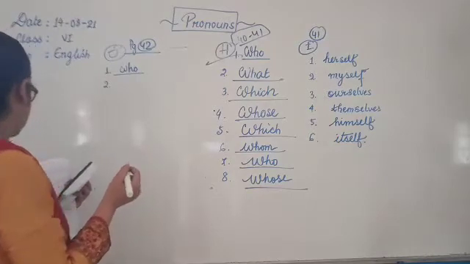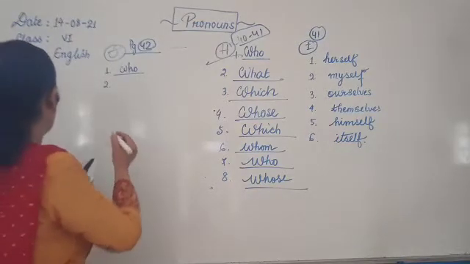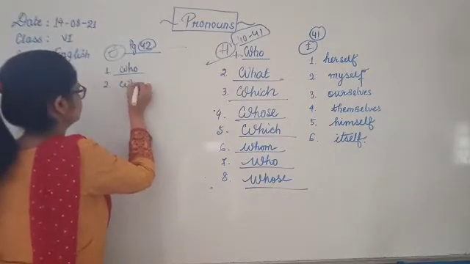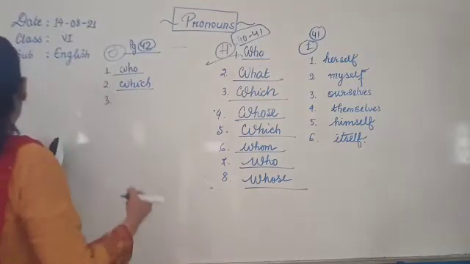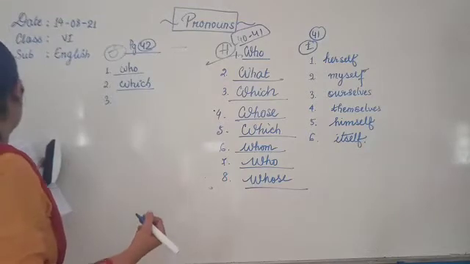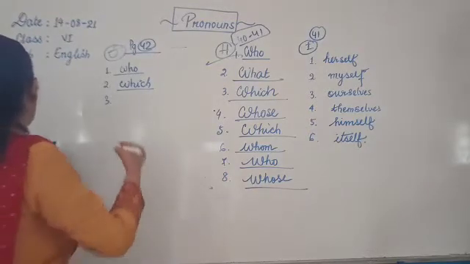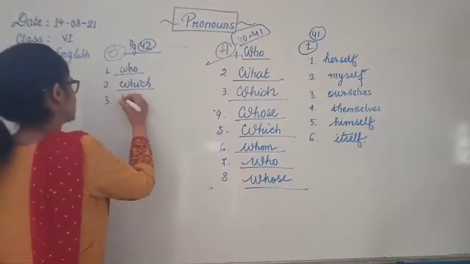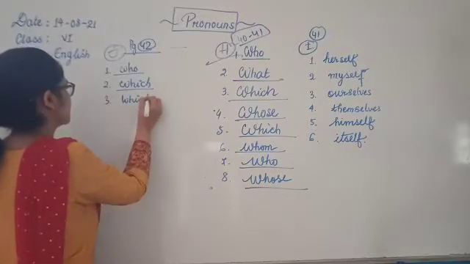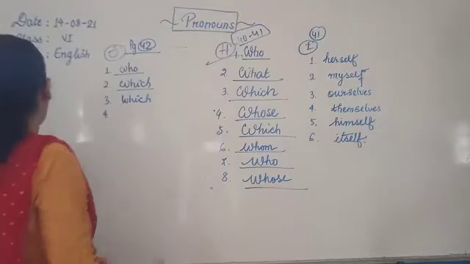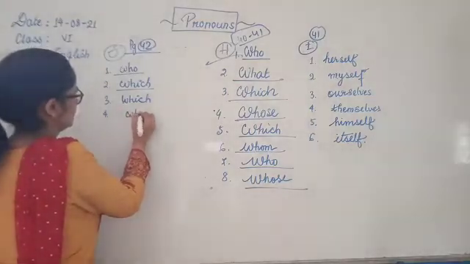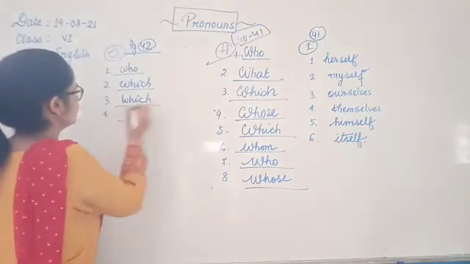The White House, which, okay, I am talking about a building, I am talking about a thing. The shop which has, okay, here also we are talking about a building. My friend whom you met. We cannot use who here, whom you met.